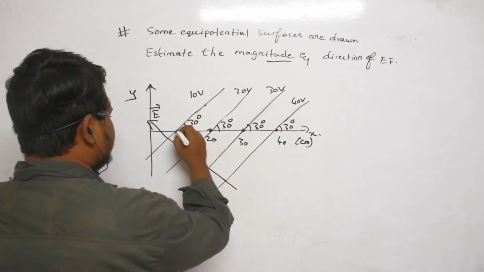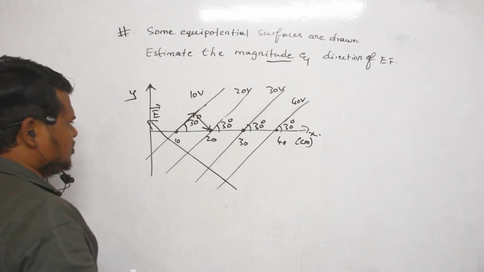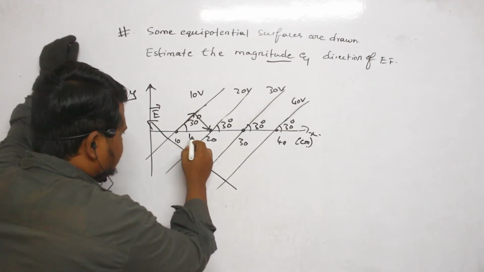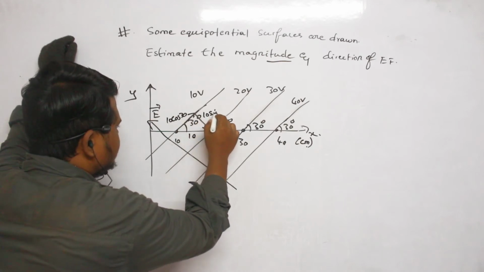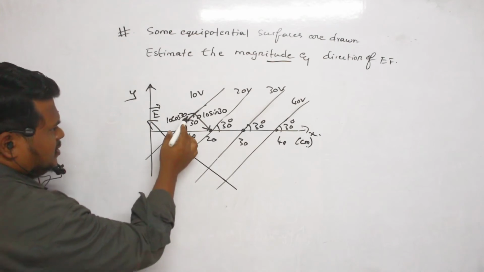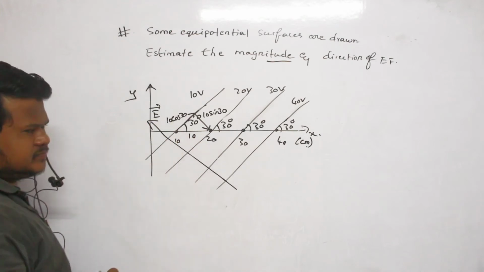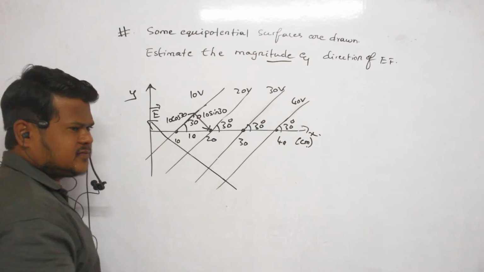So this 10, I can split this one like this into two components. Are you able to understand? So if this is a 10, this is a 10 cos 30, this one is a 10 sin 30. So 10 sin 30 is in which direction? 10 sin 30 is in the direction of electric field only, parallel to the direction of electric field.